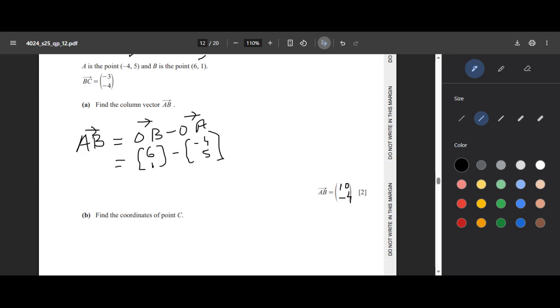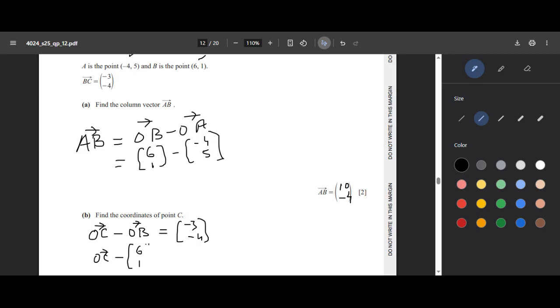Find the coordinates of C, and we have BC. So break BC into column vectors. So the position vector. BC, we can write OC minus OB is equal to BC. What is BC? That is given -3 -4. So simplify. OC minus OB.